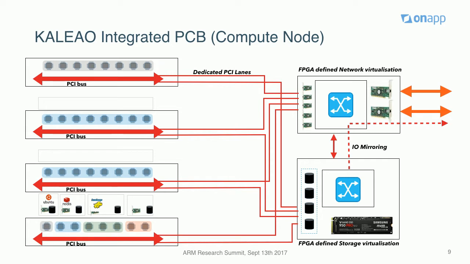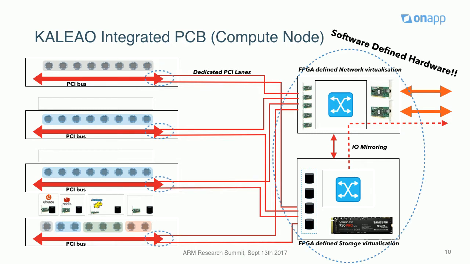So we actually use a protocol called ATA over Ethernet that allows us to very efficiently transmit block I/O Ethernet frames and convert those inline in the data path, mapping through the programmable logic directly onto the physical storage drives, which is what we define as software-defined hardware.